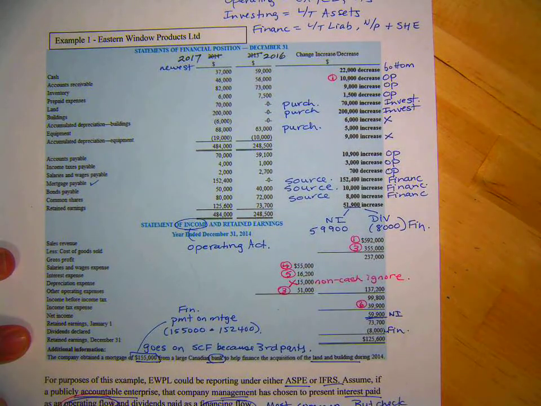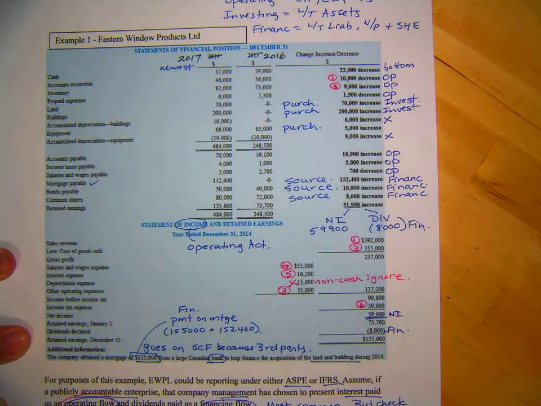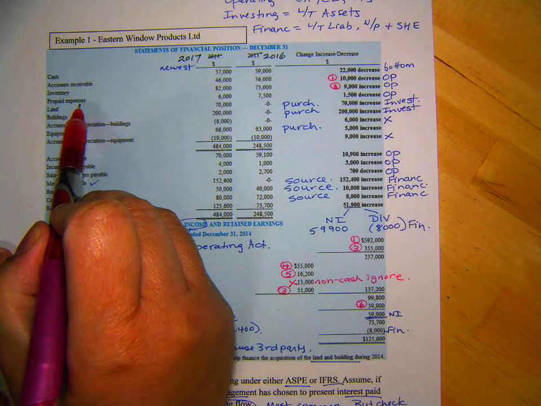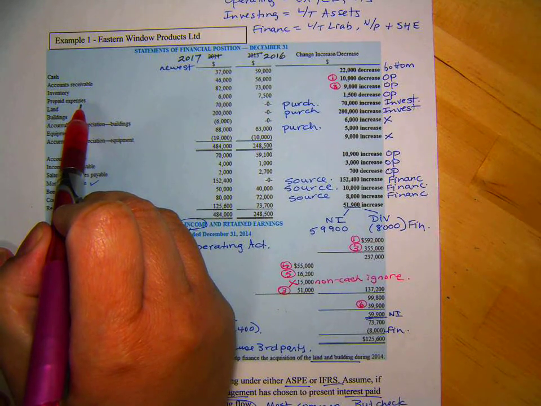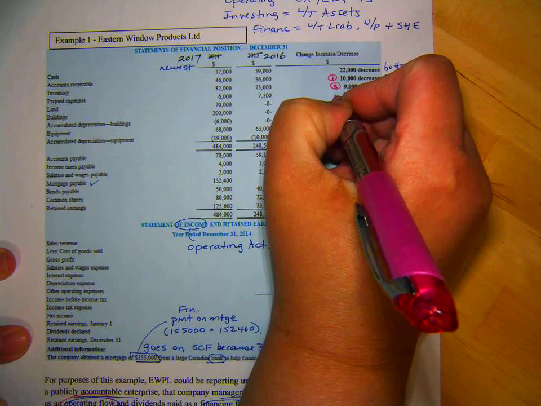Inventory is related to suppliers, so it's going to be in number 3. Sorry, my dog was doing something. Prepaid expenses are going to be in number 3 as well.